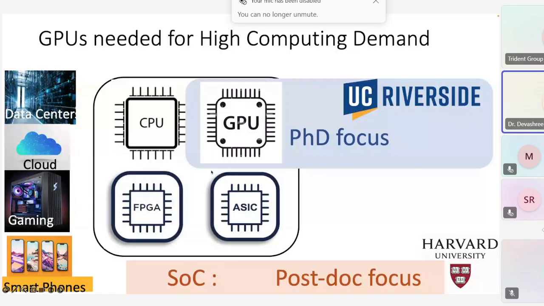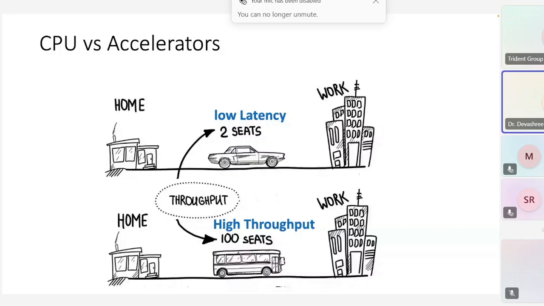I think throughput and latency we already discussed. Just for the sake of discussion, if I'm going from my home to work, there are two solutions: a car, which takes 30 minutes, and a bus, which takes 45 minutes. The car has 2 seats and the bus has 100 seats. So the latency of the car is 30, and the latency of the bus is 45.